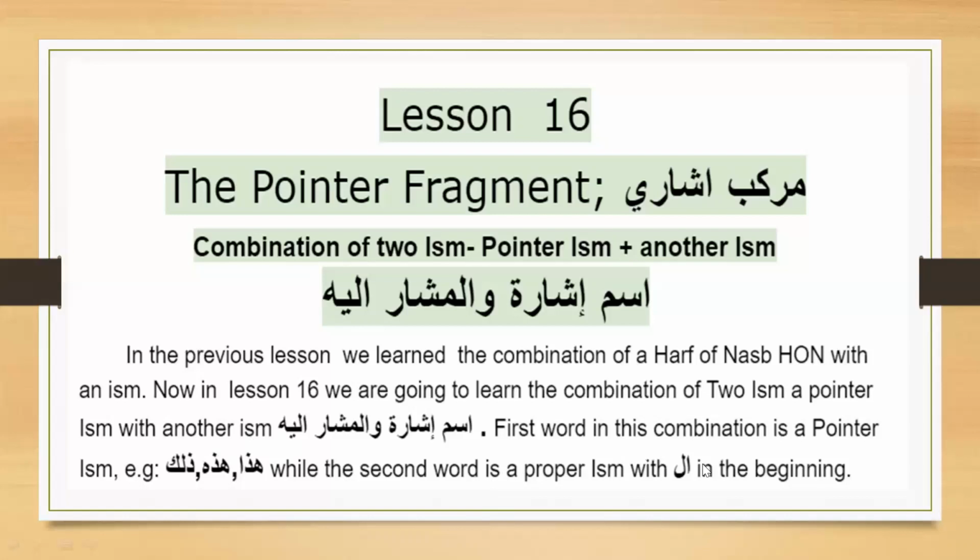First word in this combination is a pointer ism. And Alhamdulillah, I think we learned these pointer ism in flexibility of ism. Remember in lesson number 5, we learned these pointer ism: hada, hadhihi, zalika. These all we learned.